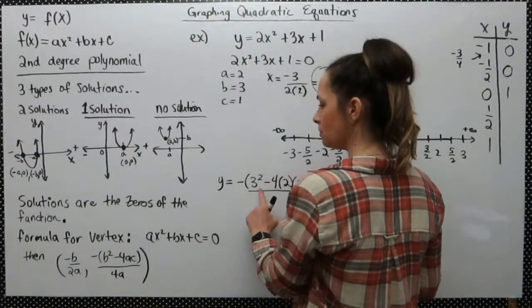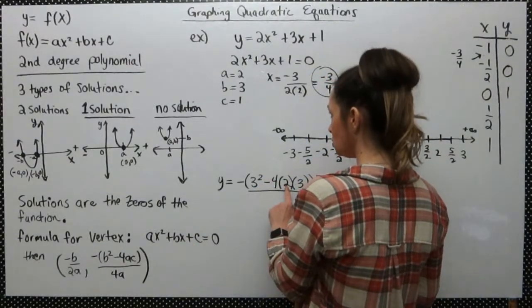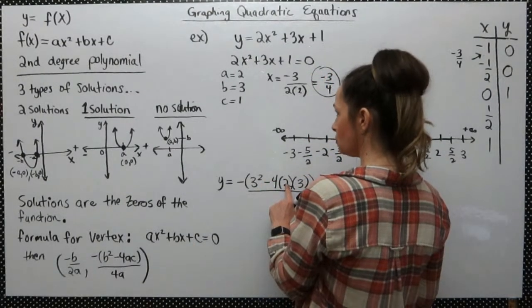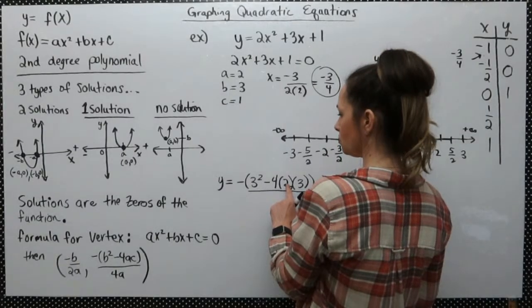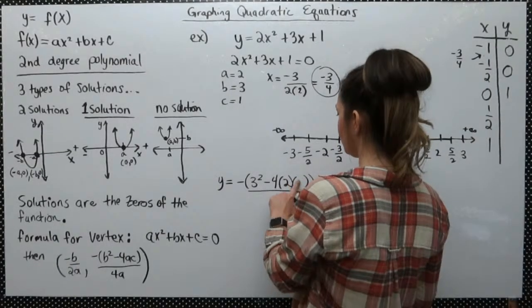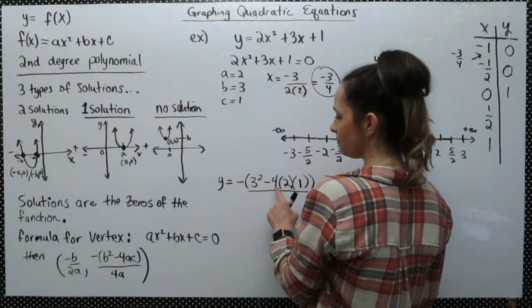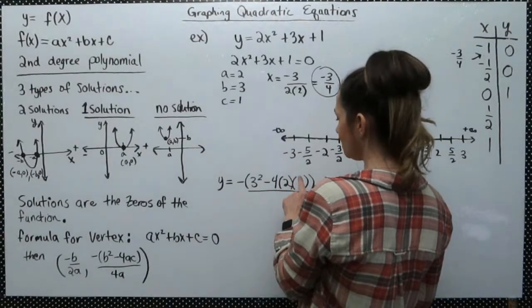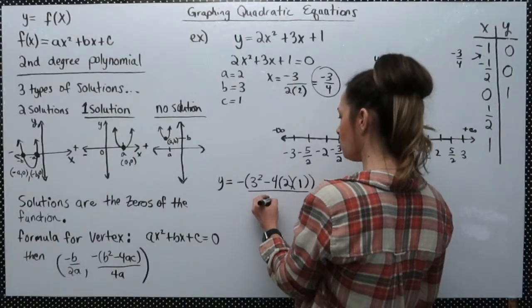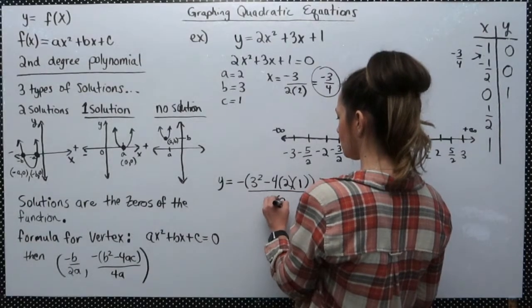Yeah, 3 squared minus 4 times 2 times 1. I knew I was going to mess something up. All right. Okay, so it's 4 times a times c over 4 times a. Okay, got it.